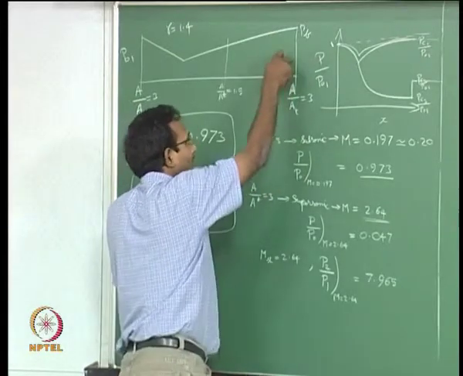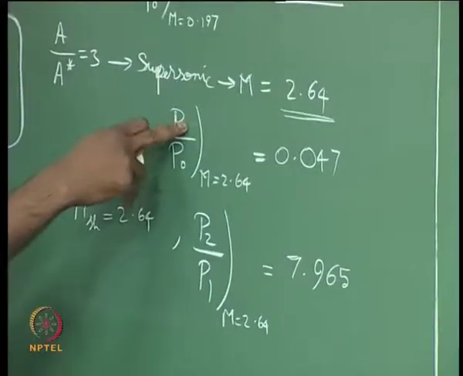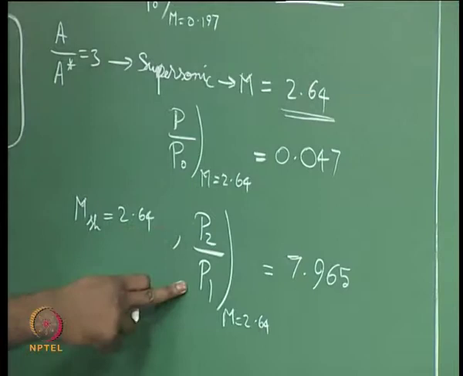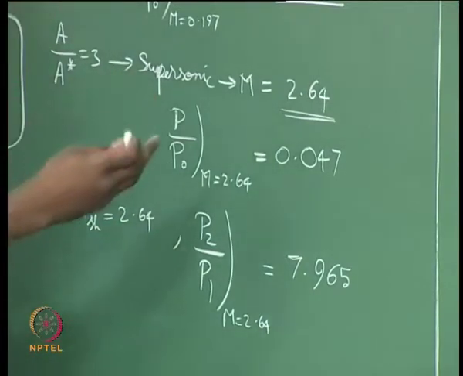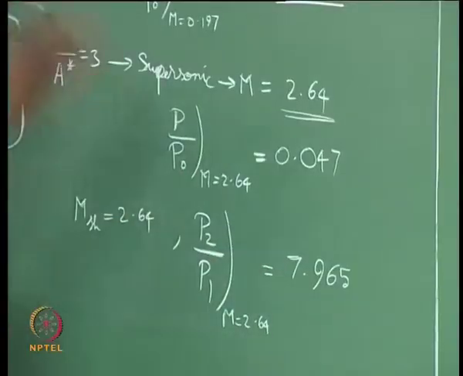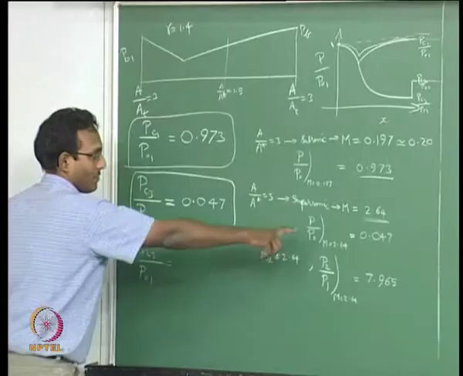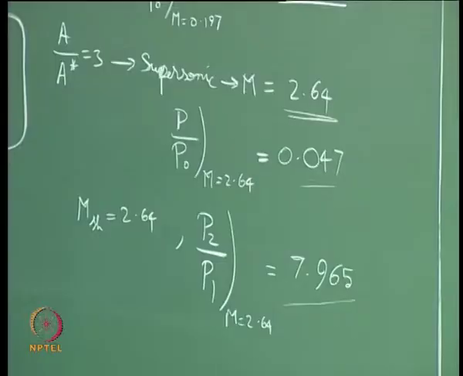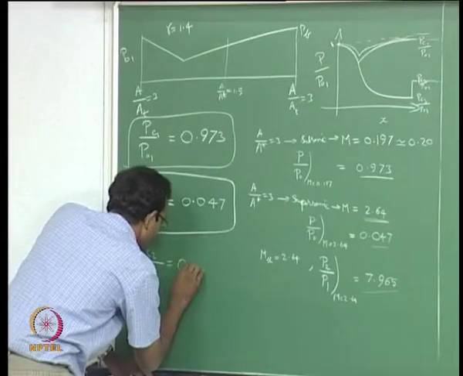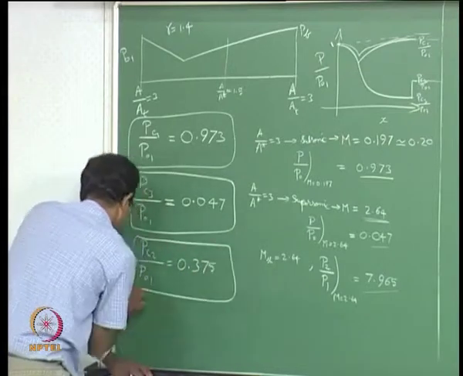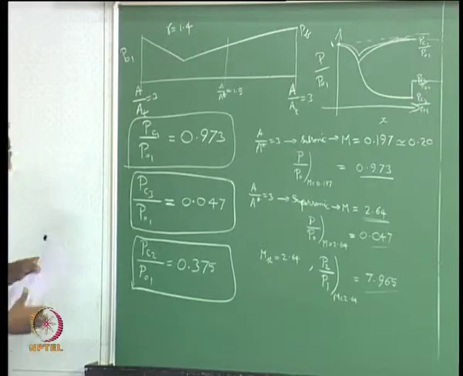I will take the previous exit pressure, which is this value 0.047 into P naught, multiply it with P2 by P1, that will give me my after-shock pressure. So I am going to multiply these two, and that will be my new exit pressure after the shock. If I multiply 0.047 with 7.965, I am going to get a number 0.375. That is my critical pressure 2.